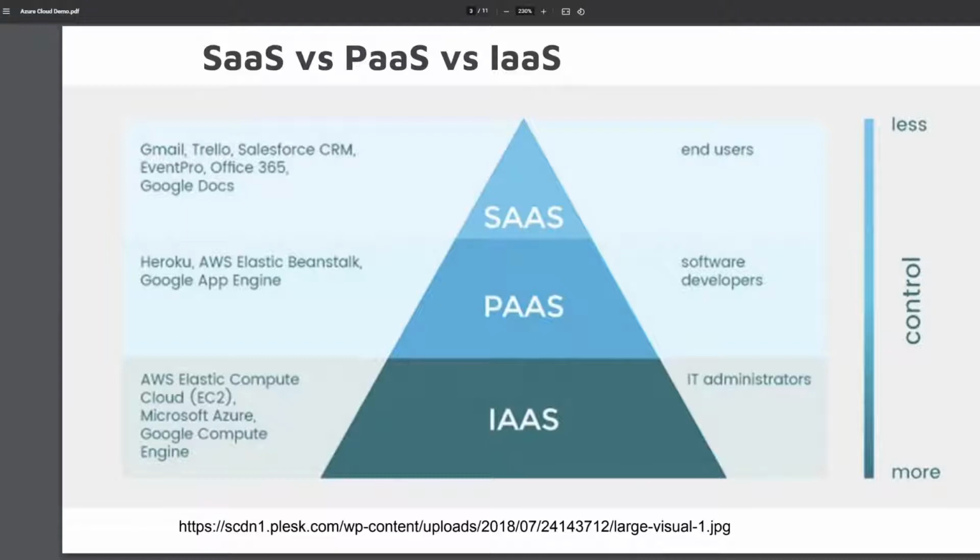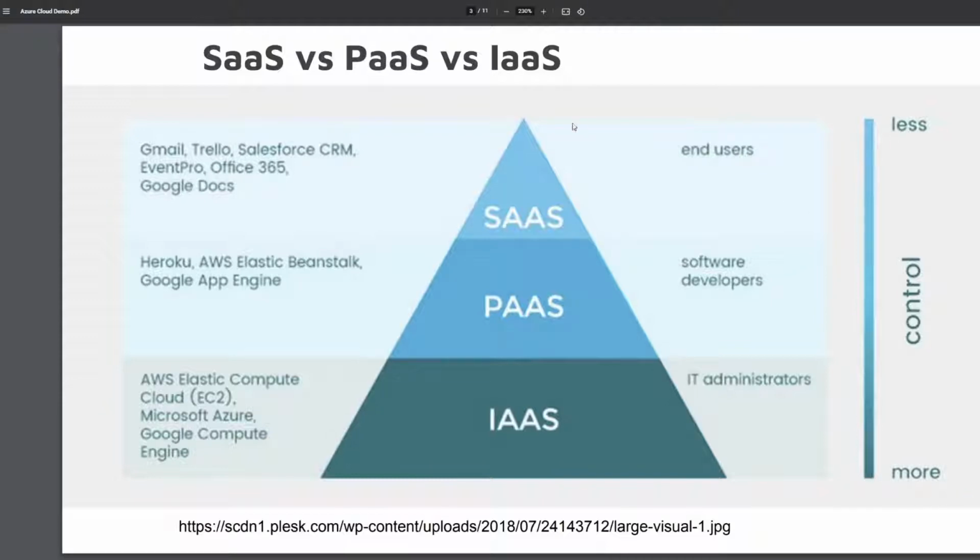Here is a different look at SaaS, PaaS, and IaaS in the shape of a pyramid. And a pyramid represents the amount of control an IT administrator or a user of those services has.